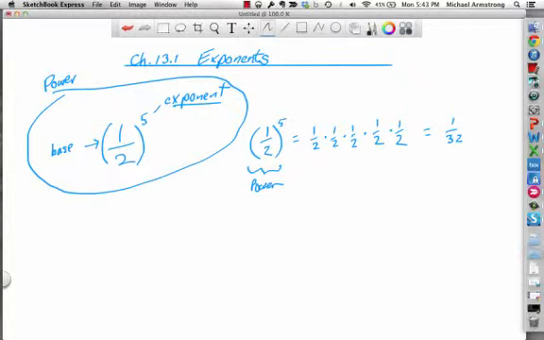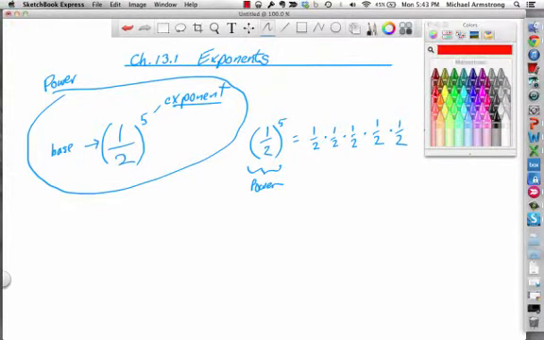Now, one thing to look at. Let's do that 1/2 again. 1/2 to the second power. Notice how I have a parenthesis here. If I don't really have the parenthesis, then it might be that the second power just applies to the 1.